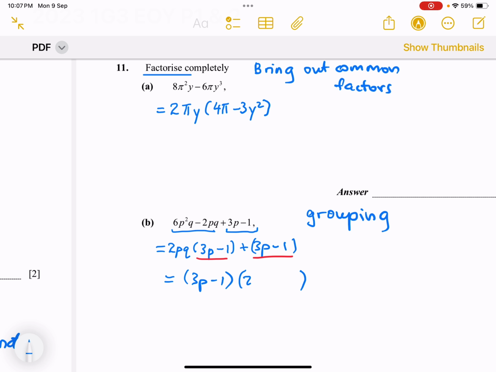The first one is 2p cubed. And for the second, is there a factor? Yes. When we take out the whole thing, there's still one factor left, and that factor is 1. Because when you multiply into the bracket, 3p minus 1 times 2p cubed gives you the first part, and 3p minus 1 times 1 gives you the second part.